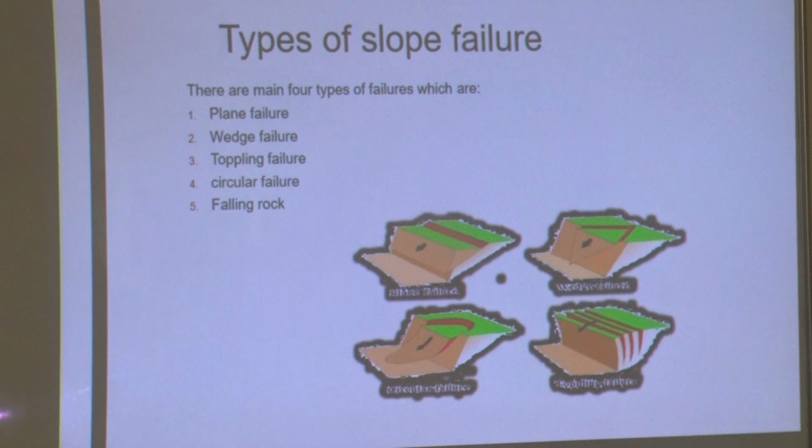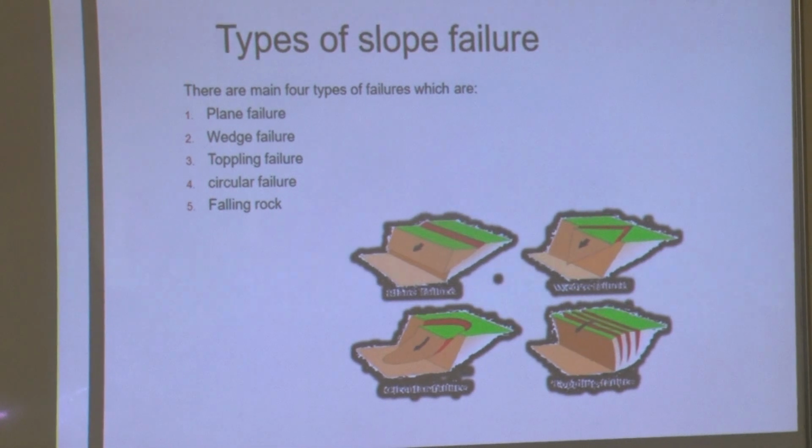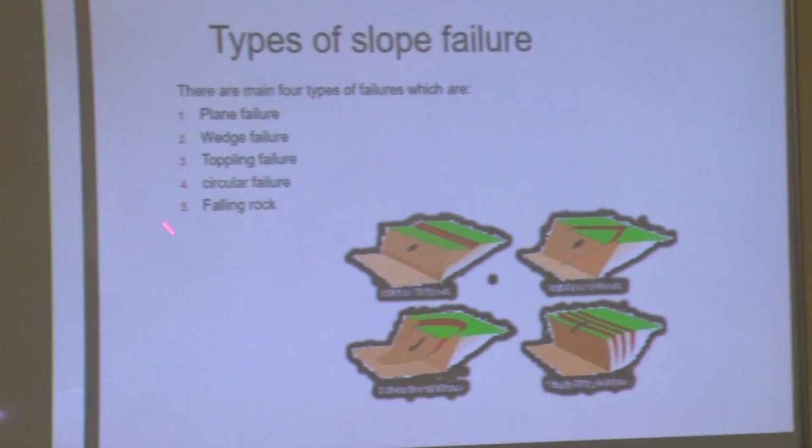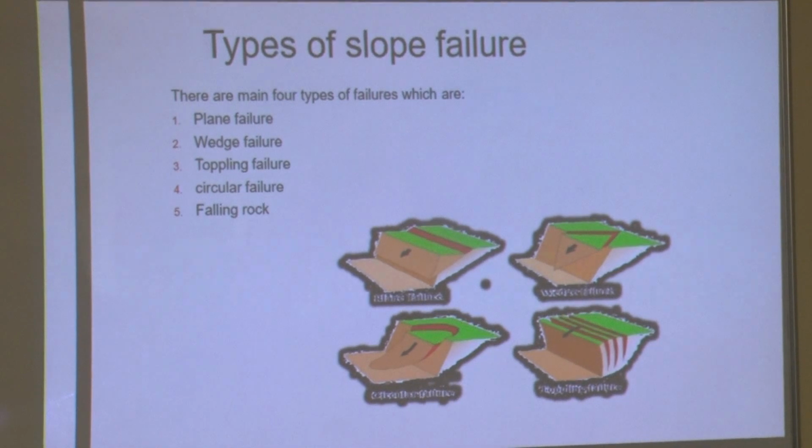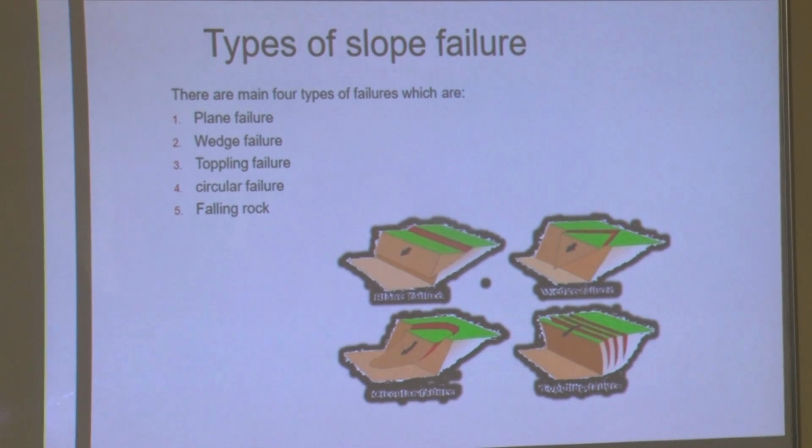Start with, basically, the last one is not a type of failure, but it is a stray fall of rock in terrain. We are not considering that. So the first four are basically the types of failure we observe in slope.